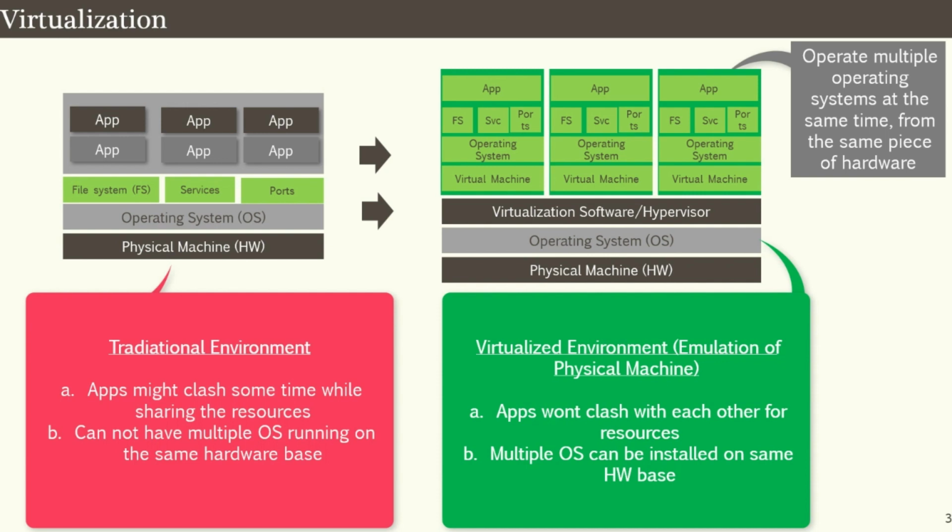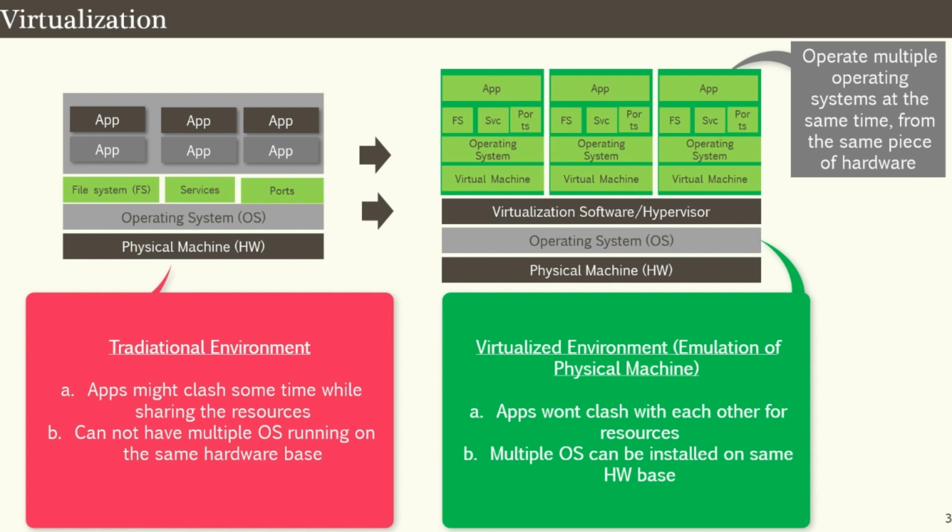And the second thing is you cannot have multiple OS running on the same hardware base. That is, you cannot have Windows and Linux running together on the same server hardware environment. If you see on the right hand side, we have created multiple virtualized environments using hypervisor software, which is contrary to the traditional server environment.